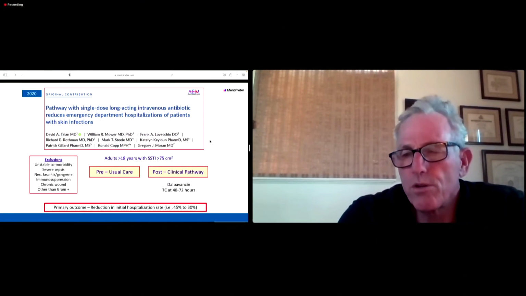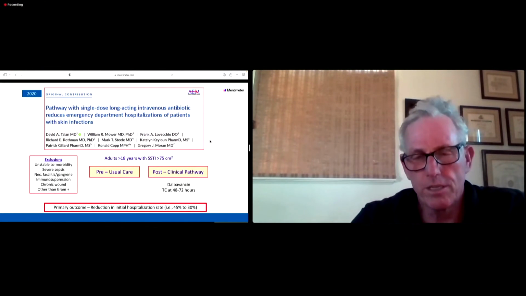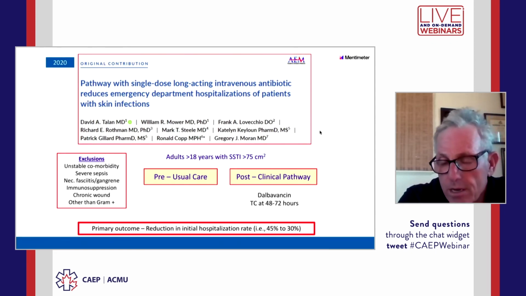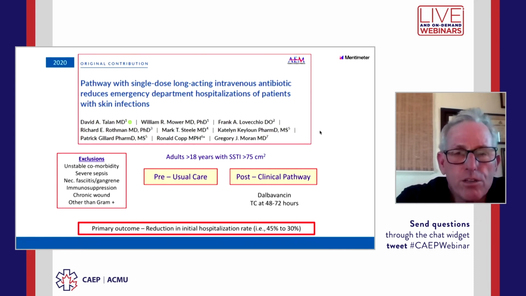And this was a pre-post study. So we took these individuals who had severe skin and soft tissue infections, who potentially could go home. They didn't have any contraindications to sending them home. And we observed their hospitalization rate. Then in the next phase, we introduced Dalbavancin, and every patient who came in with these skin and soft tissue infection characteristics got a dose of Dalbavancin.